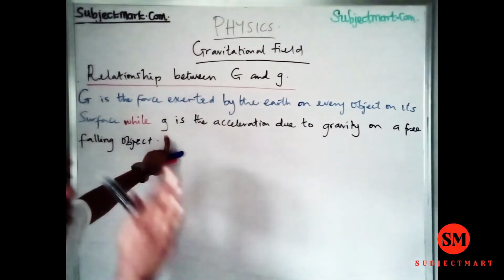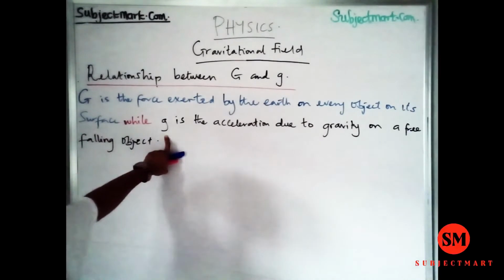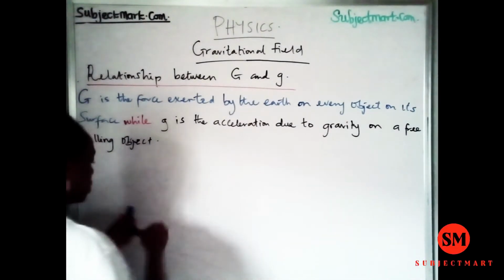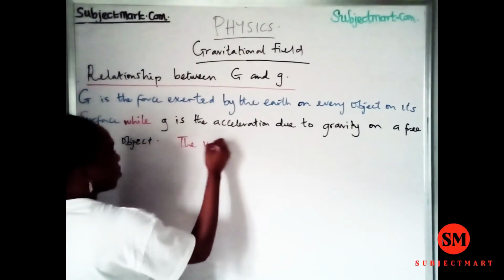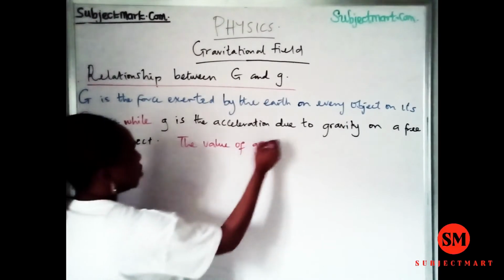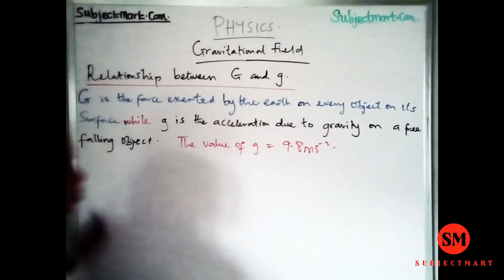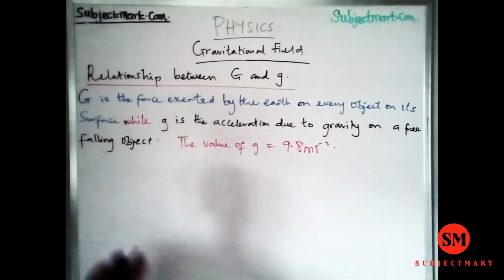They fall at a constant acceleration, and the value of g is equal to 9.8 meters per second squared.